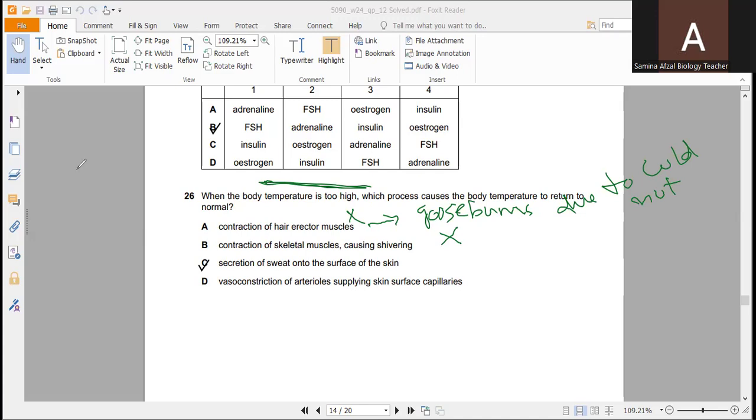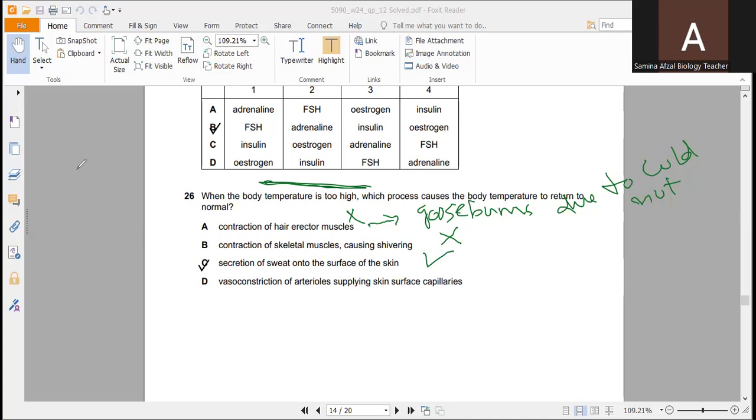When there is heat, sweating acts as a cooling agent. Sweat glands produce sweat, which is mostly water. As the sweat evaporates from the skin surface, it takes heat with it, thus cooling the body down. So this is the correct option.